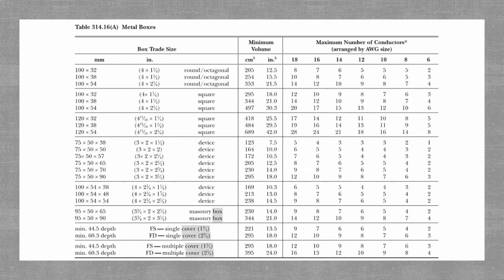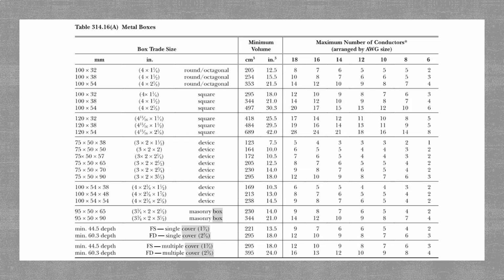So we could use that box. Moving down from there into our 4 11/16 boxes, I can see that those range from 11 all the way up to 18 number 12 gauge conductors. So I could use any of those sizes of 4 11/16 boxes here in Table 314.16(A).